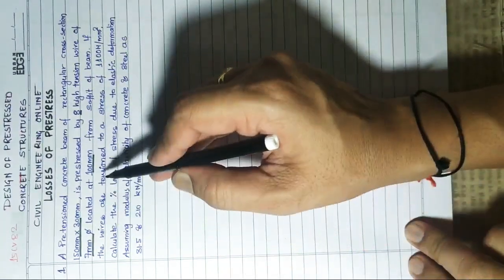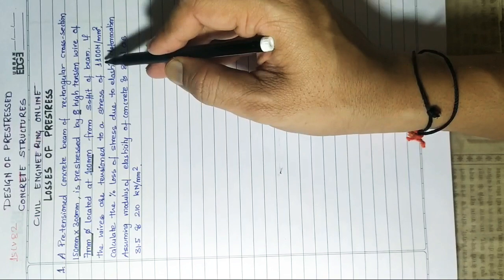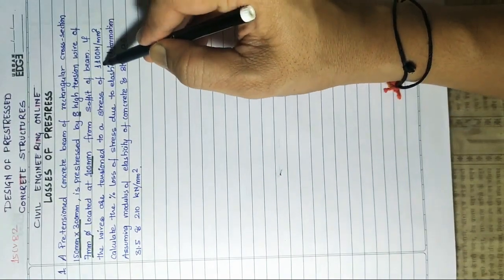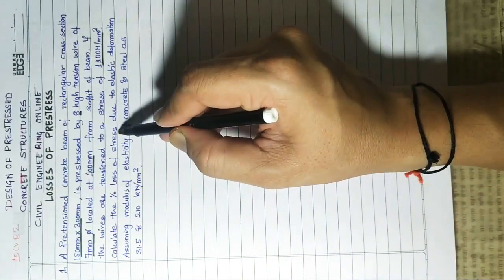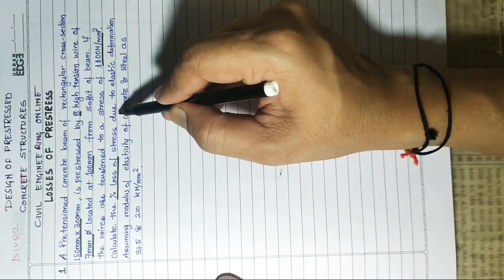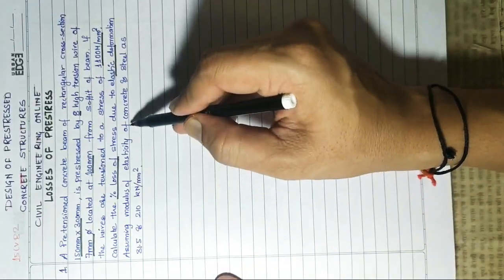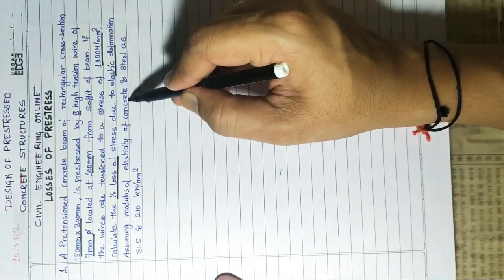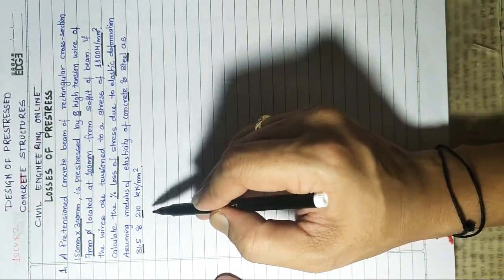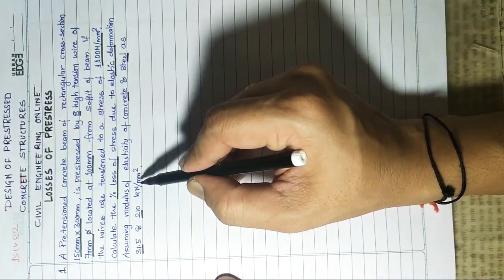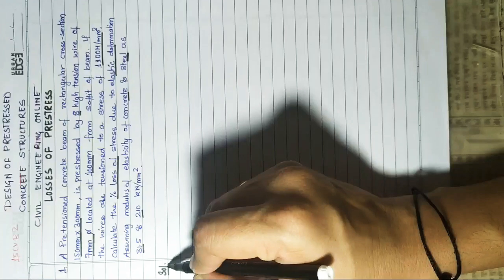If the wires are tensioned to a stress of 1100 Newton per mm square, calculate the percentage loss of stress due to elastic deformation, assuming modulus of elasticity of concrete and steel as 31.5 and 210 kilonewton per mm square. Let us start with the solution.